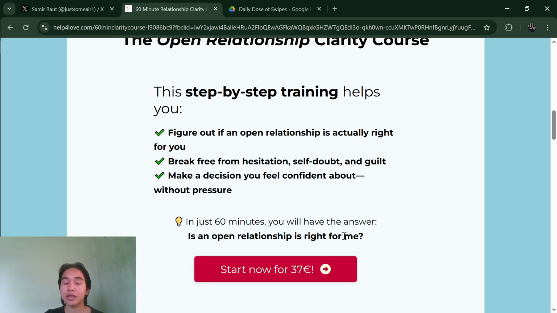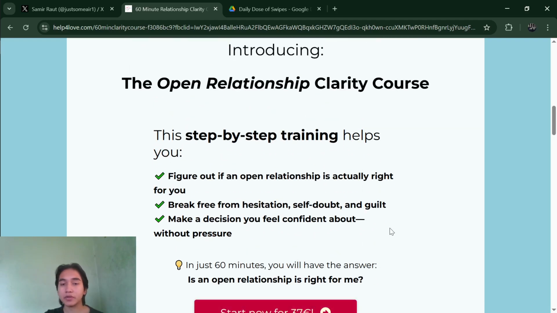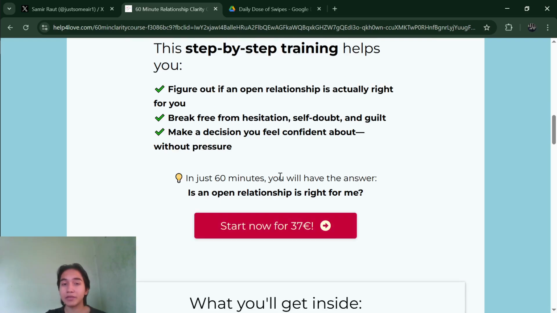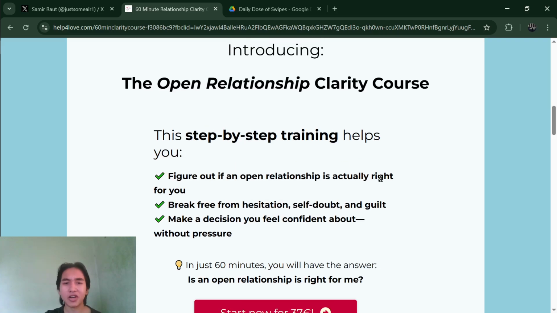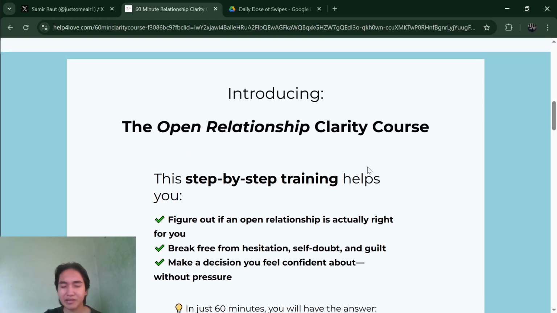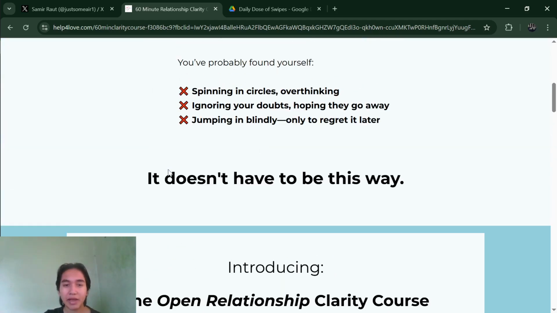This is like the buyer acquisition cost, meaning they're going to get you into the funnel. This is only to qualify the right audience. They want to qualify the buyers so that they can sell them much higher priced stuff at the back end, where the majority of the profit is.